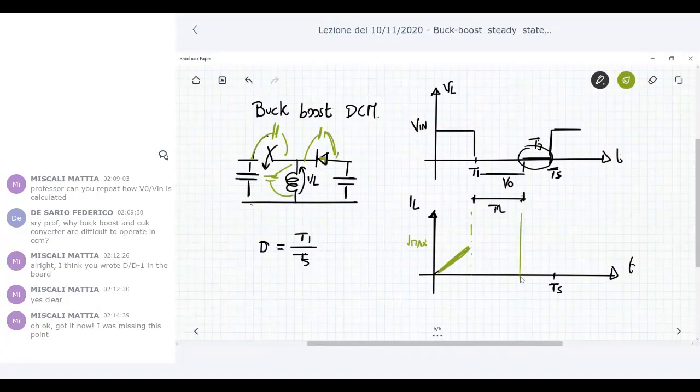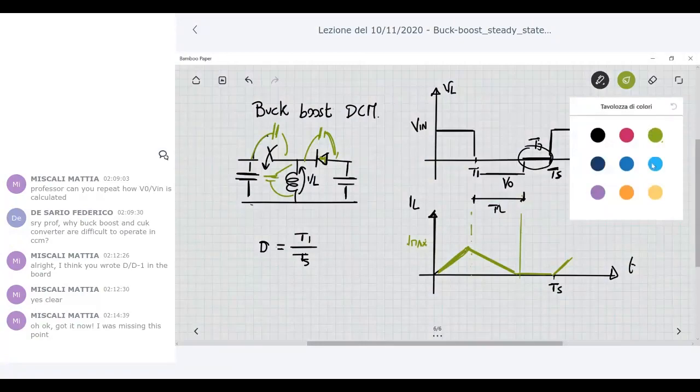Then you have a negative slope during T2, since V0 is negative. And then the current that flows during T3 is 0.